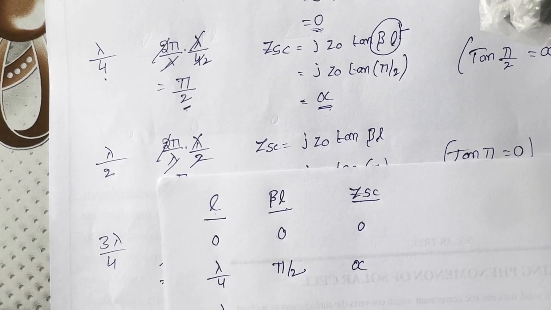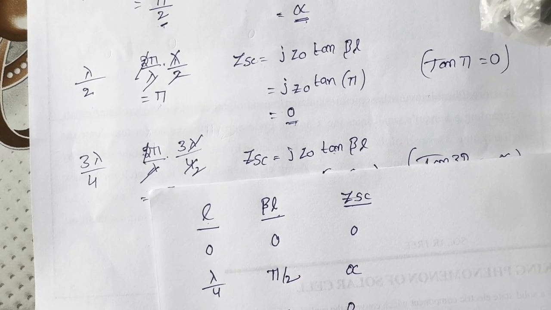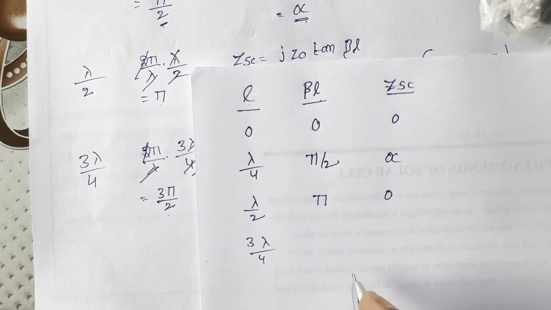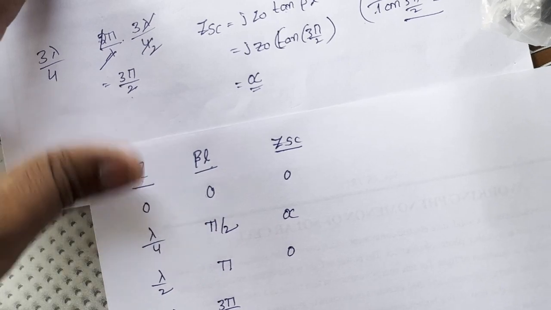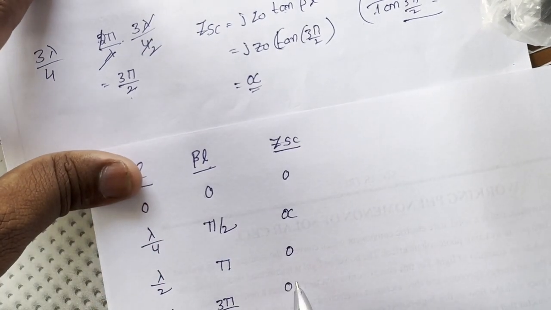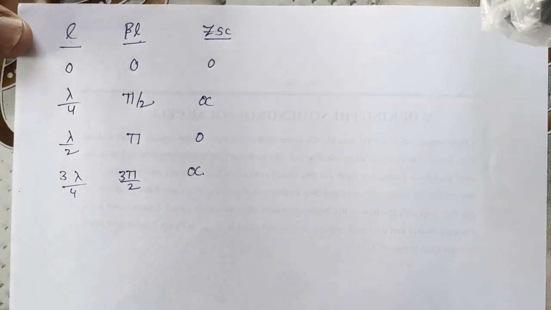When it is lambda by 2, beta L is pi, and ZSC is 0. And when it is 3 lambda by 4, beta L is 3 pi by 2, and ZSC is infinity. Those are the values we got for the corresponding expression.